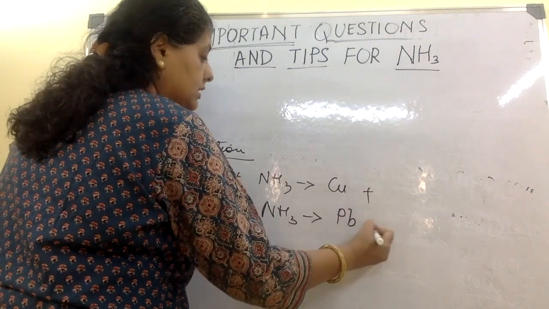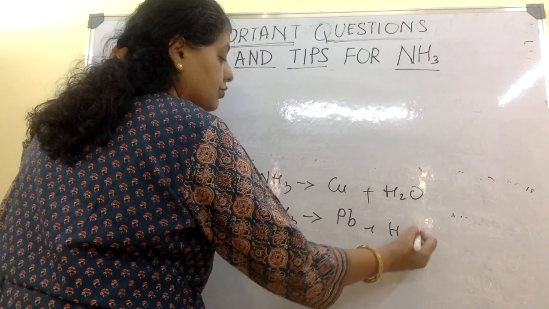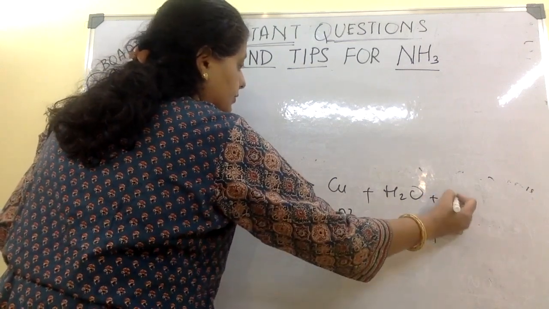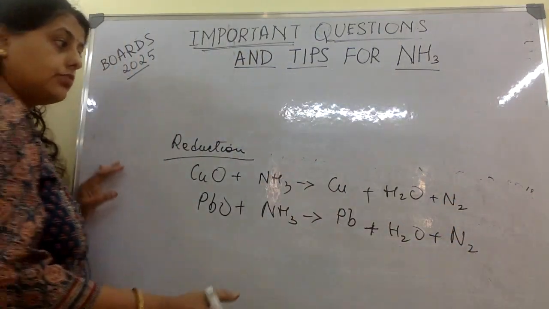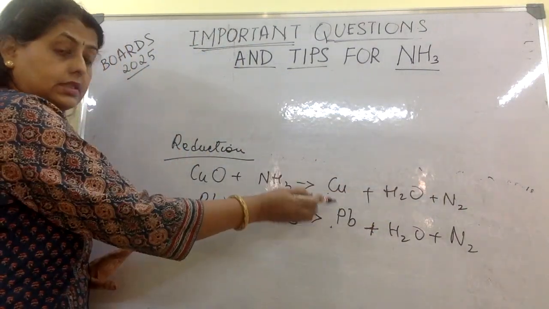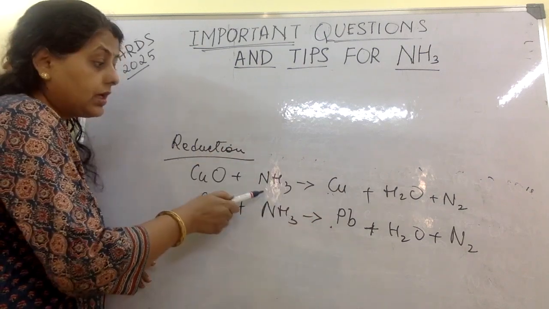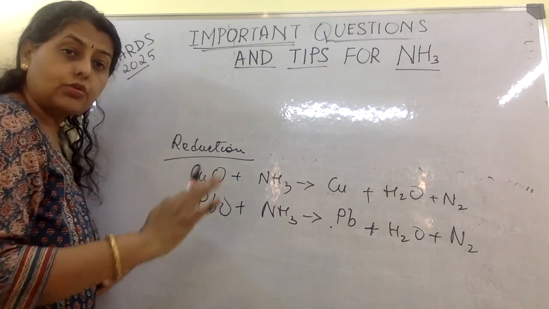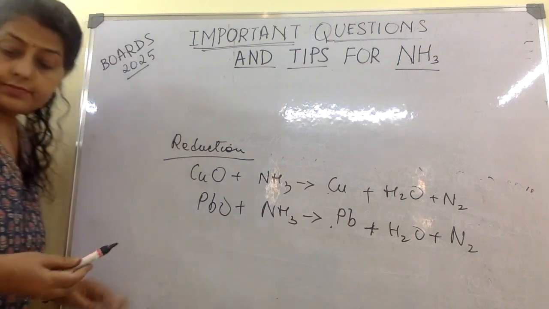So plus we have H2O, and then N2, nitrogen given out. How to remember? We have to remember this part is same. If it is reduction, the oxygen is going to go away and this is only metal. These two equations are pretty easy to remember and very often asked.